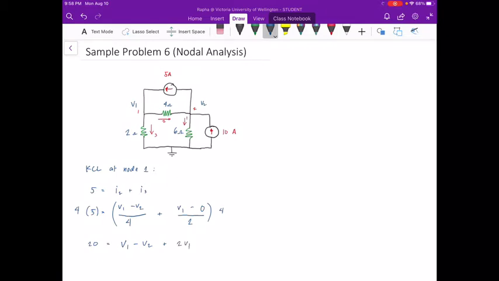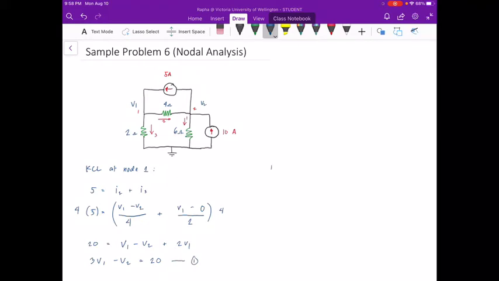To simplify further, 2V1 will add with this V1, so we have 3V1 minus V2 is equal to 20. So that will be our first equation.